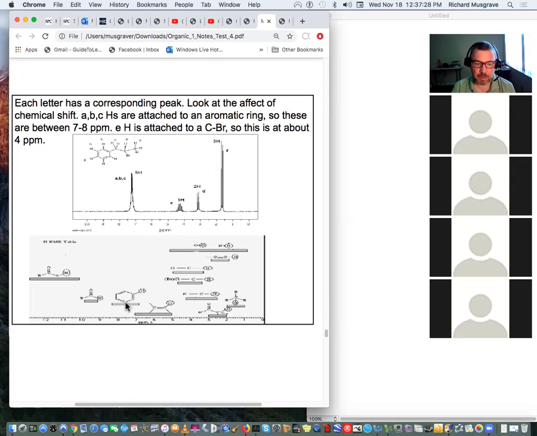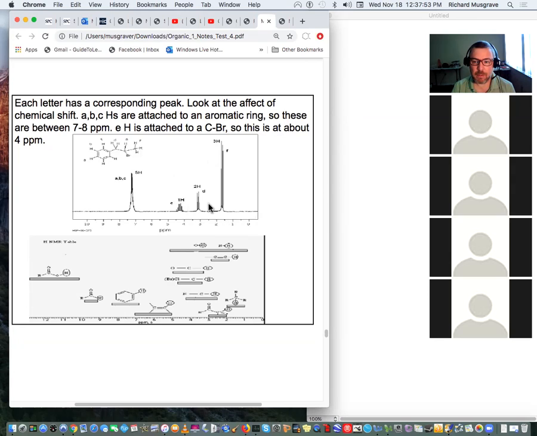And you can see that's where it appears on the correlation chart. The CH here is going to be the one that's connected to the bromine. And you can see the bromine down here. So I know that that's this one here. And then the other two are going to be here, and you can see that set of peaks for each of those. So I'm just giving you that so you can get an idea about what chemical shift tells us.